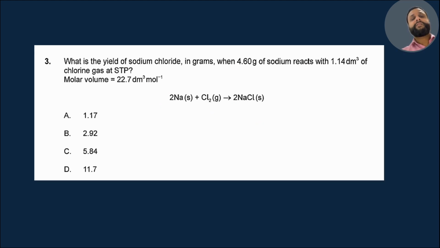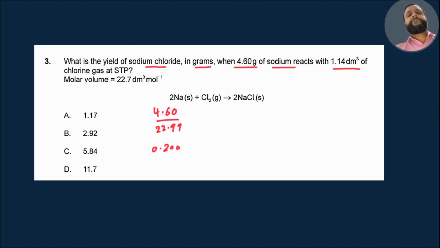Question 3. What is the yield of sodium chloride in grams? 4.60 gram of sodium reacts with 1.14 dm cube of chlorine gas at STP. So let's start by working out the moles of sodium first. 4.60 divided by 22.99, the molar mass of sodium, gives us 0.200 moles of sodium.